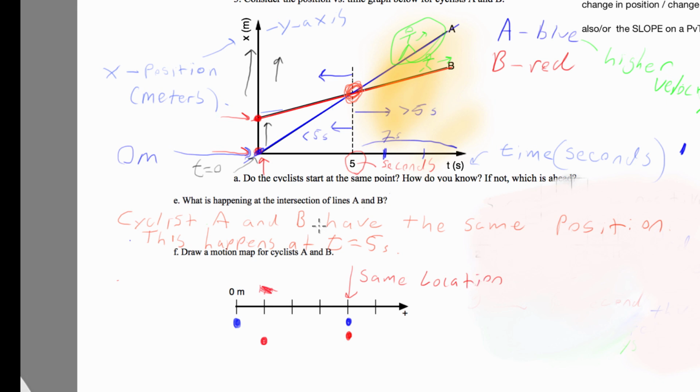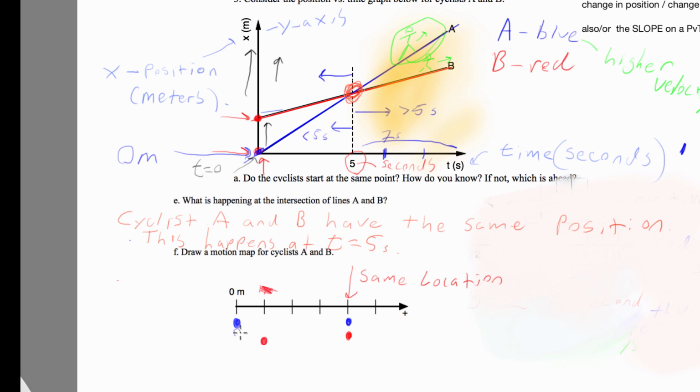And how many seconds does that take? 5 seconds. So I'm going to need 6 dots before there. I'm going to try to make these evenly spaced, because this dot is second 0.